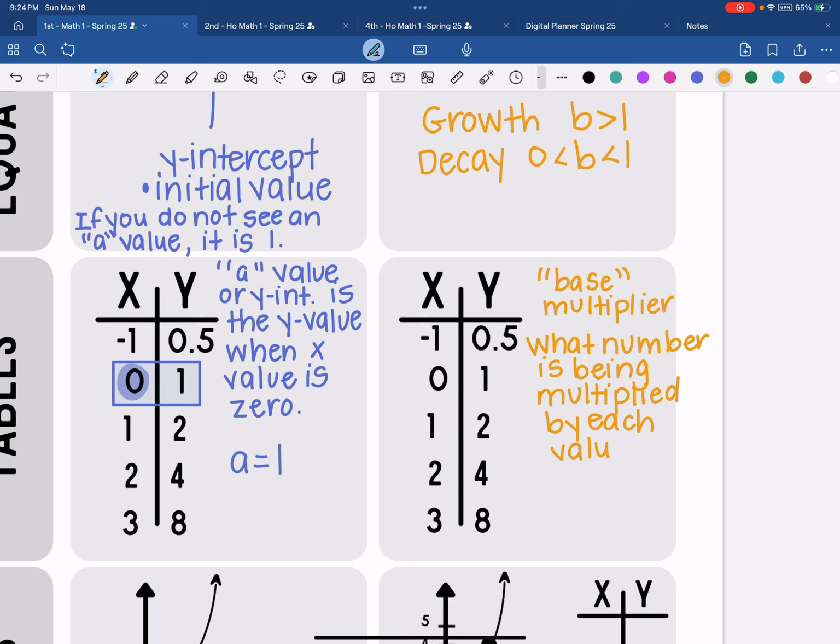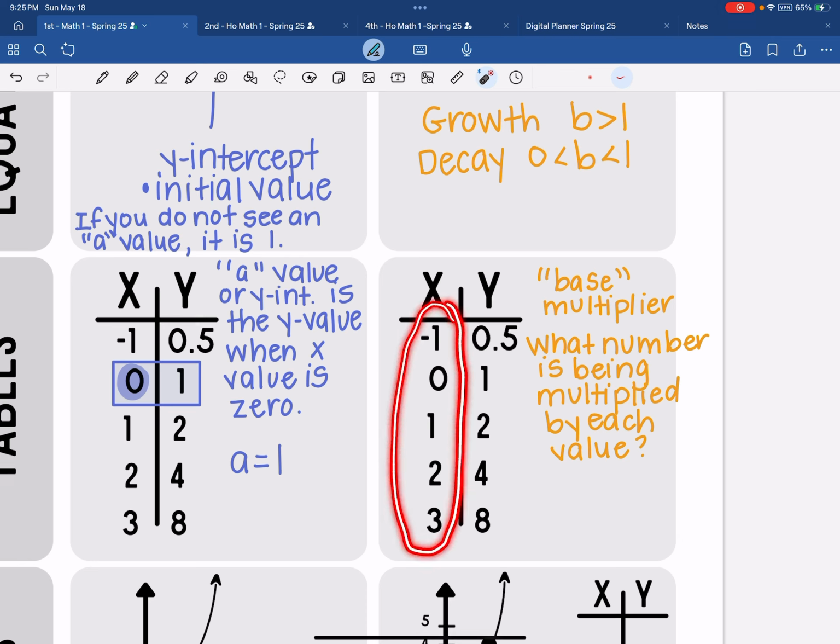Now, the other thing you've got to make sure of is that I need to check my x's first. So when I look at my x's, I need to make sure my x's are in consecutive order. That means they're in order, like 1, 2, 3, 4, going up from least to greatest. So -1 to 0, that's consecutive, 0 to 1, 1 to 2, 2 to 3.